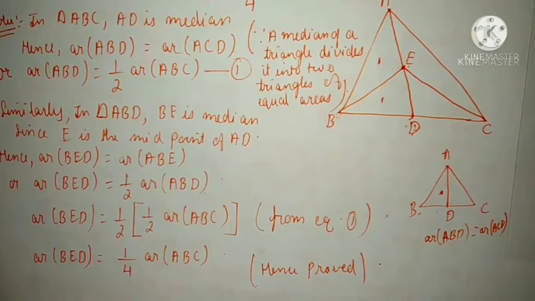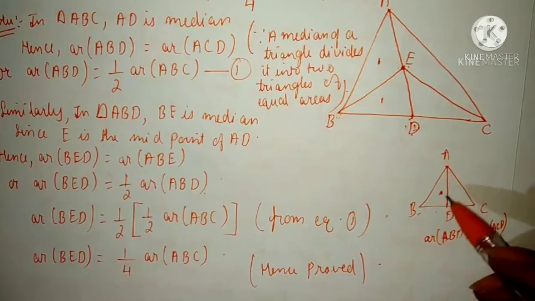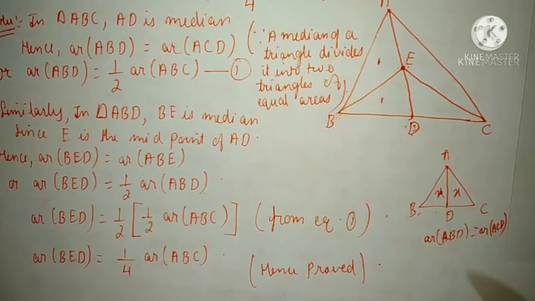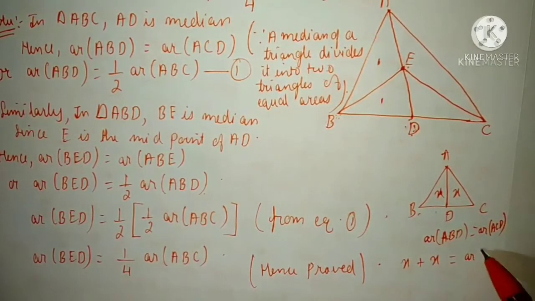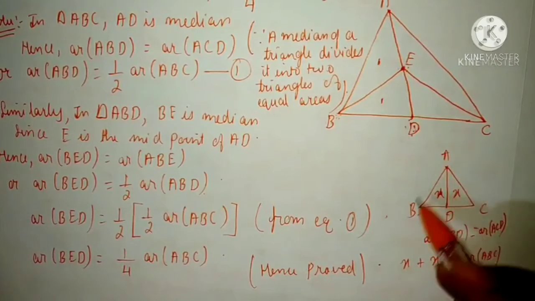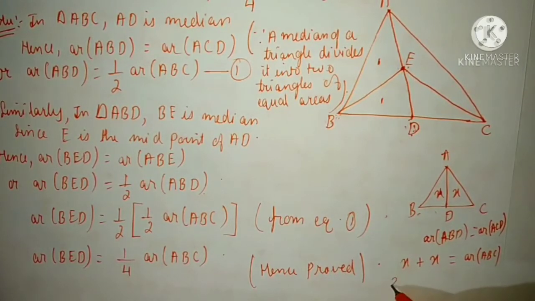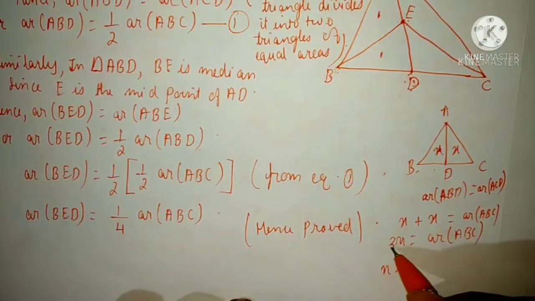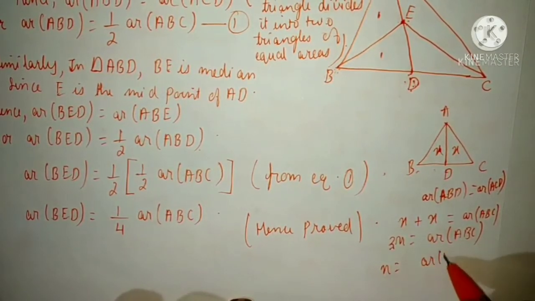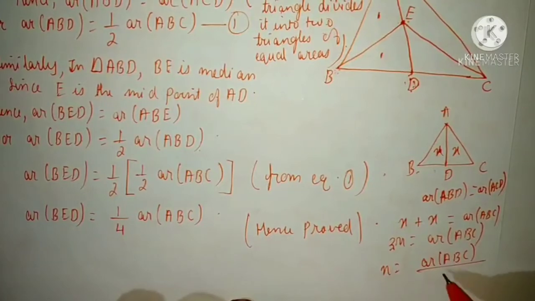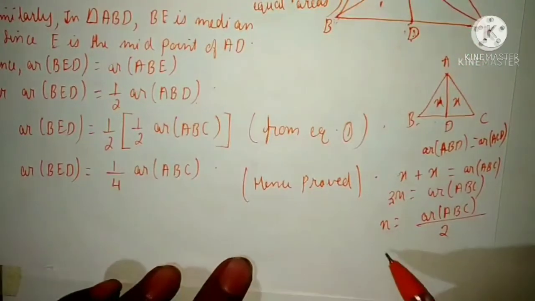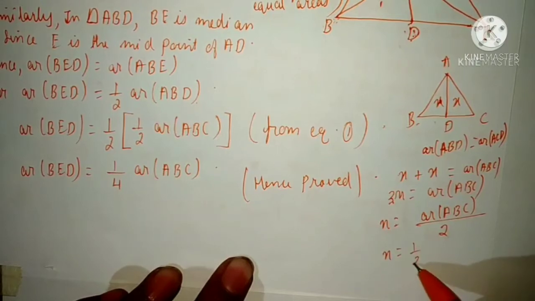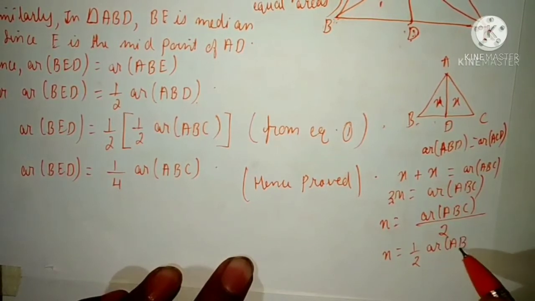Now suppose the area of both is x. So x plus x will be equal to area of ABC, the full triangle. Now 2x will be equal to area of ABC. Now x will be equal to, this 2 will go here, so area of ABC upon 2, or we can write it as x is equal to half of area of ABC.